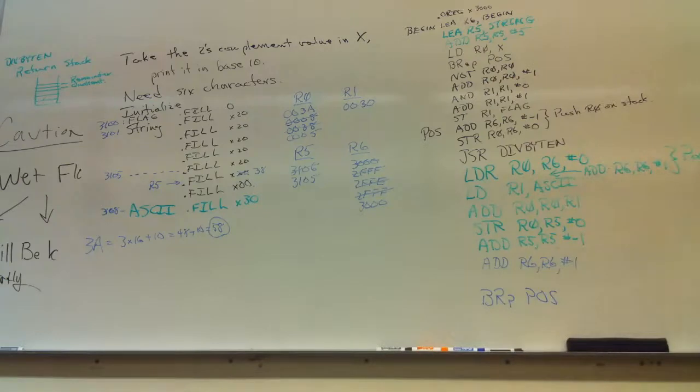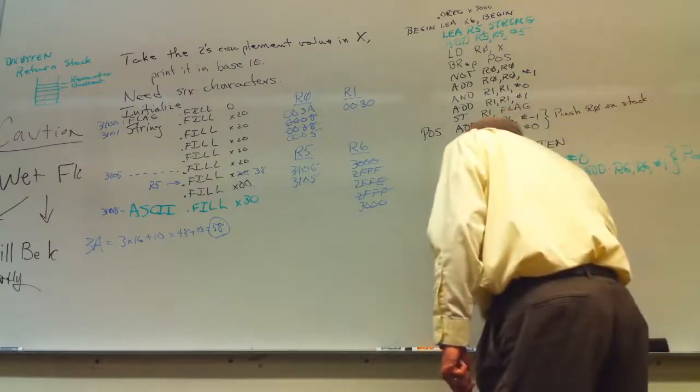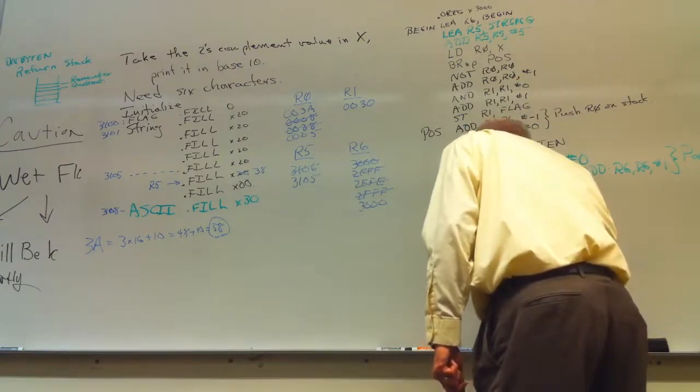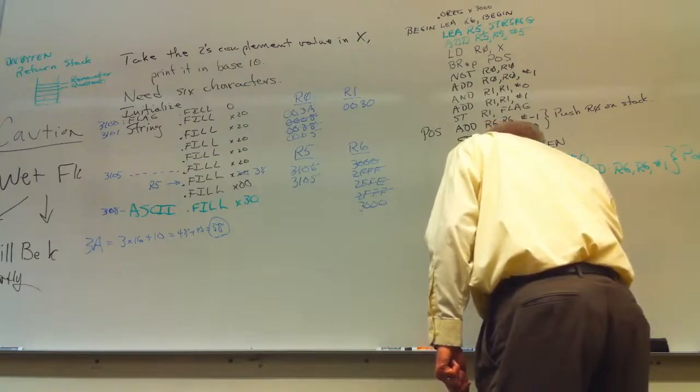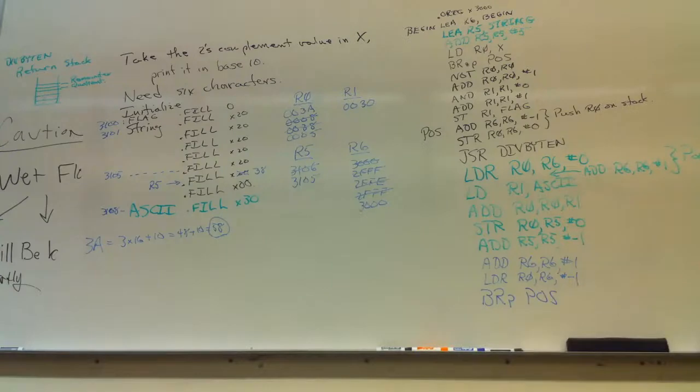I can increment my stack pointer so that it's down to here. Now then, I can offset -1 from where my stack pointer is and get back to this one.